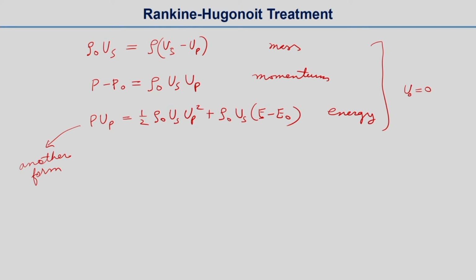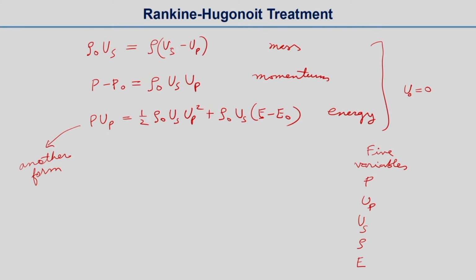And here we can see that we have 5 variables in these three equations. Those are P, the pressure, Up, the particle velocity, Us, the velocity of the shock wave front, and then another one is the density of the fluid, and then E, the internal energy per unit mass.